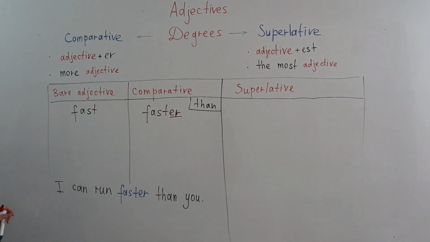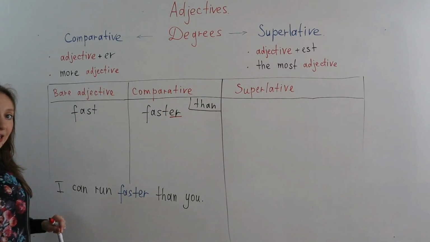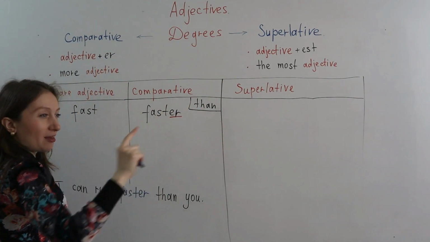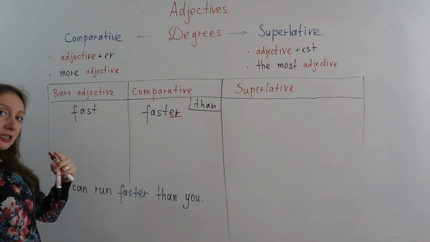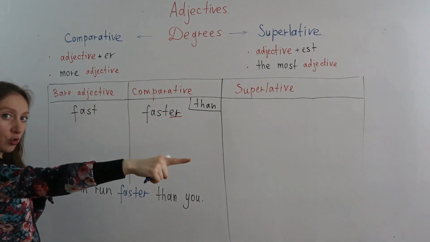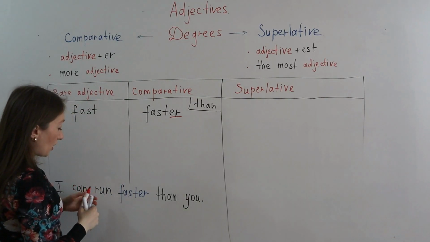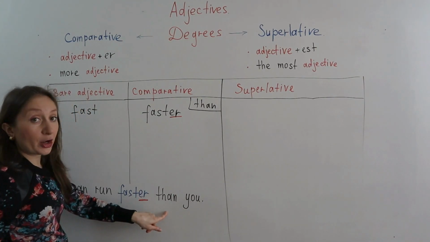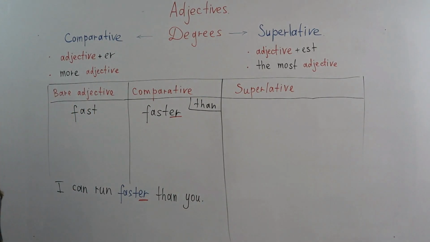Can you see from the example that you compare yourself to someone? I can run faster than you. There is a comparison between me and you, right? So that's why we have ER, because you compare. I can run faster. Very easy.